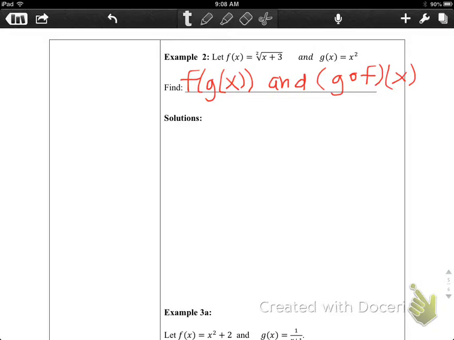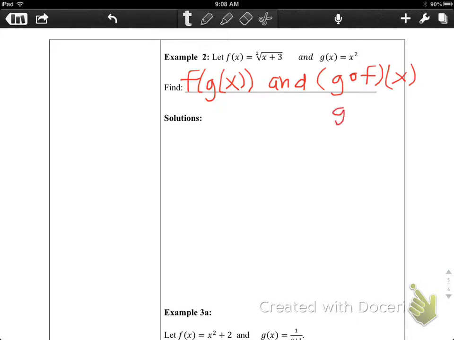Okay, so example 2 is going to be our last example because this is where I stop with my other section. After we do this example, you will all be caught up with the other section. Remember, now we have two functions. f of x is the square root of x plus 3 and g of x is x squared. You need to find f of g of x and g composite f of x.